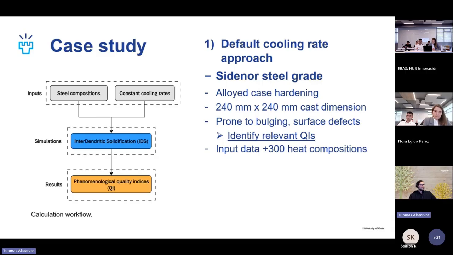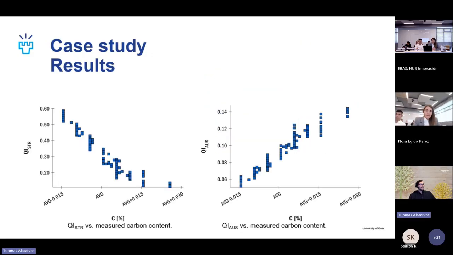And as results, I can present, for example, the quality index STR as a function of carbon content. Each of these markers here presents one of the heats, and the carbon content is reported as related to the average in the data set. The same goes for the quality index for austenite.